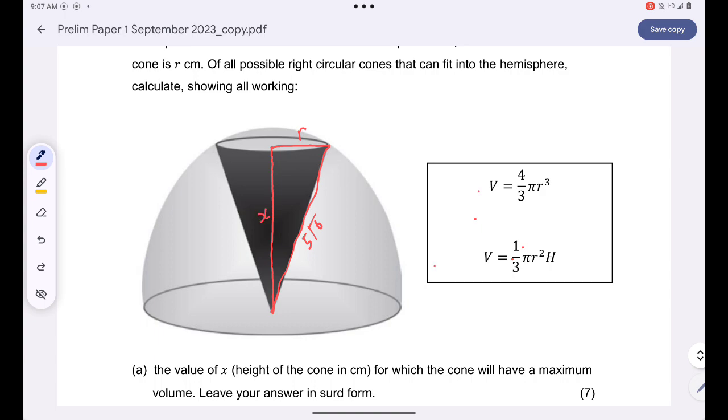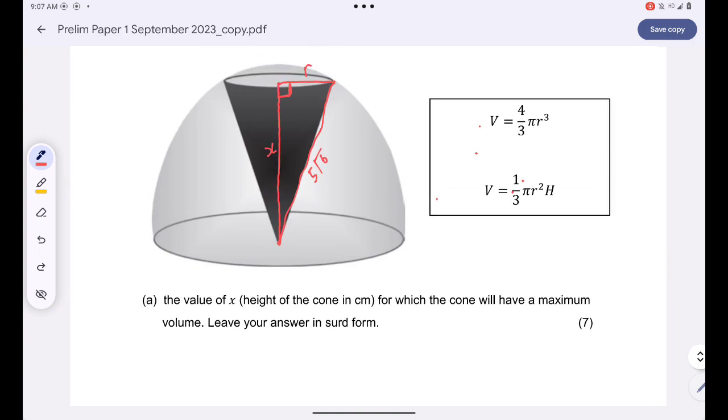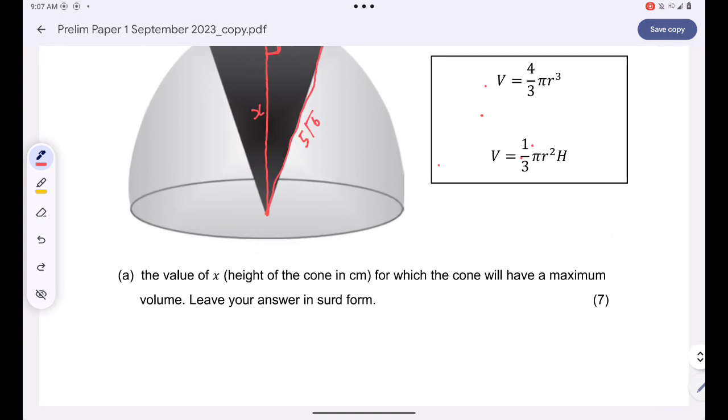According to Pythagoras theorem, we can simply calculate the value of the radius in terms of x. Remember that my hypotenuse squared, the hypotenuse is just equal to 5 times root 6, squared. This is equal to r squared plus x squared.